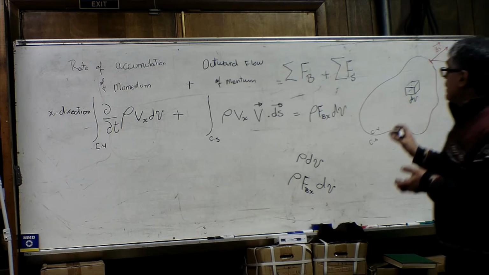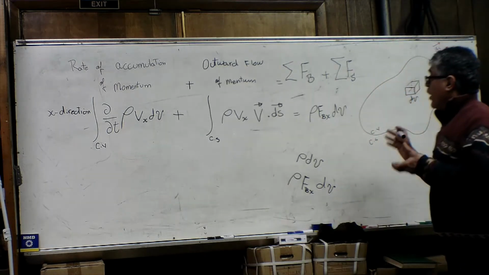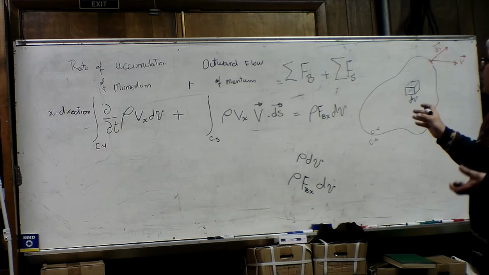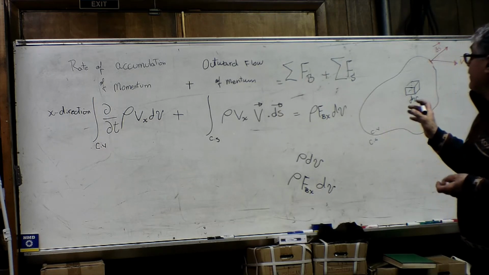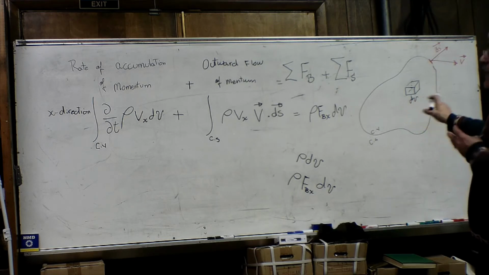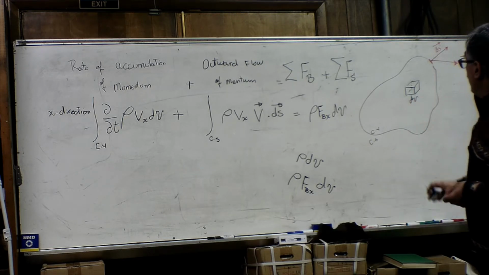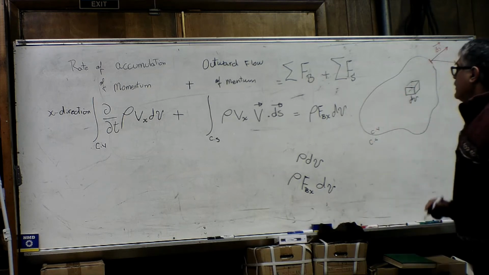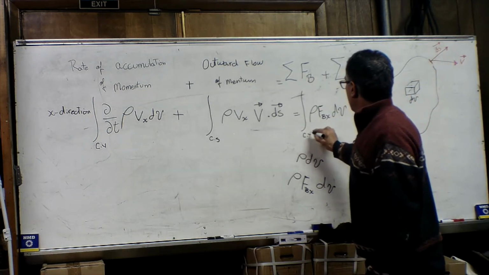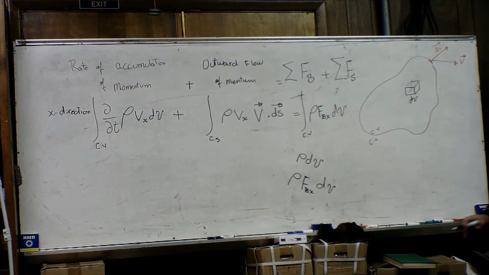This is the total body force in x direction per unit mass in that differential volume. For the entire volume of our system, we have to take the integration over the entire volume of our system.